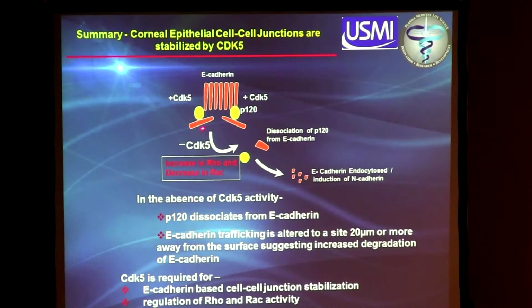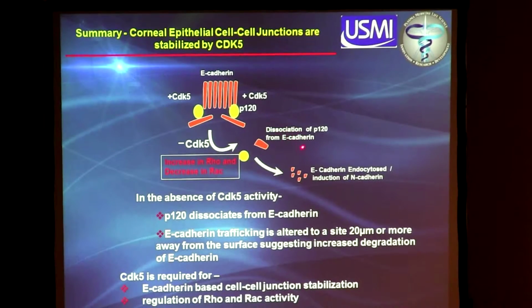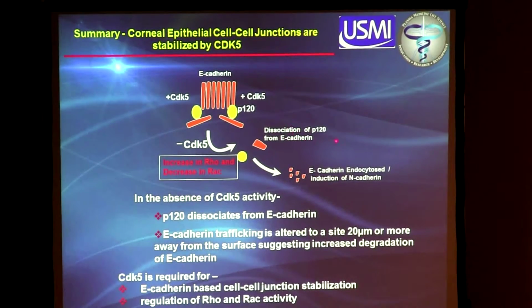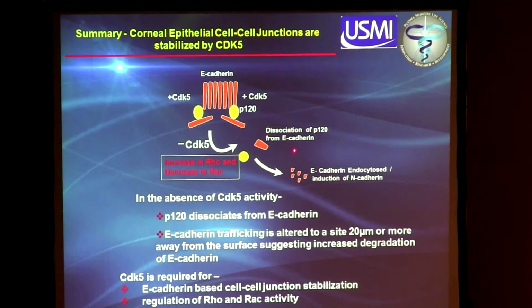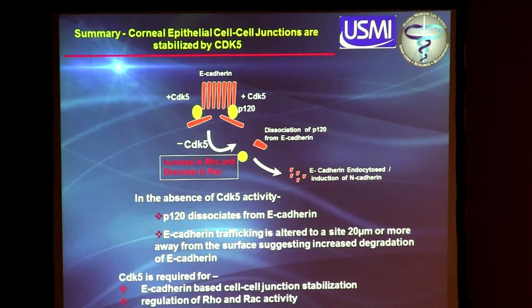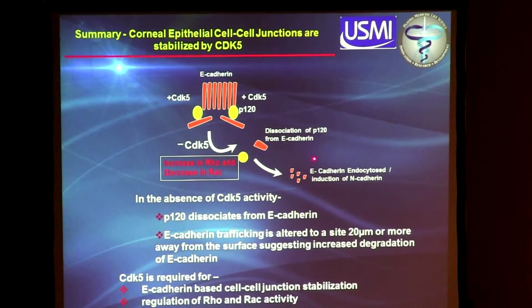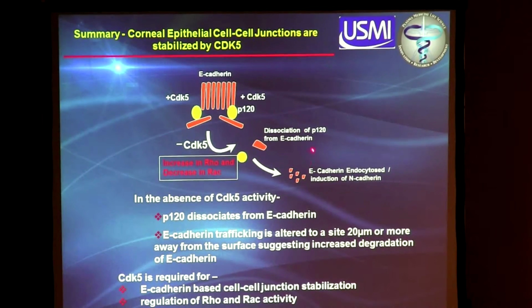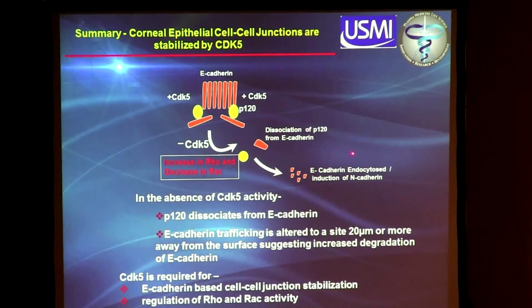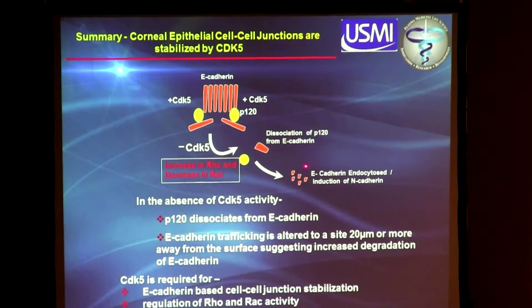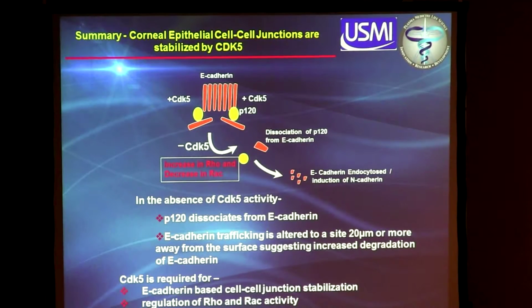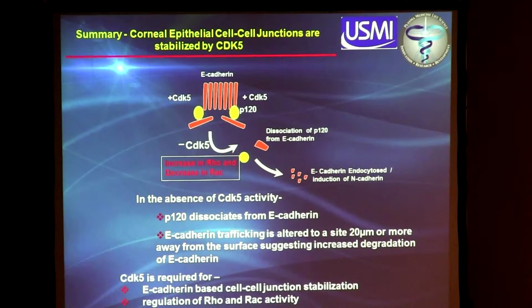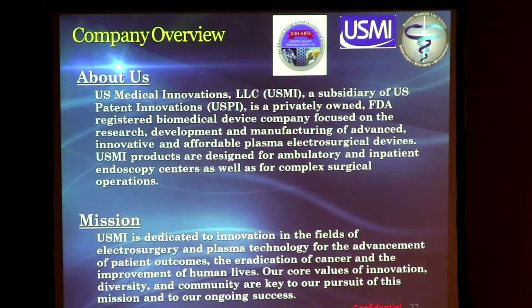In the absence of CDK5, the cells dissociate. There is dissociation of the P120 and E-cadherin complex, and E-cadherin goes through a lysosomal pathway. It gets endocytosed, whereas the P120-containing vesicles are now expressing N-cadherin at the cell border, and they have gone through a transformation. Therefore, CDK5 is required for stable cell-to-cell adhesion.